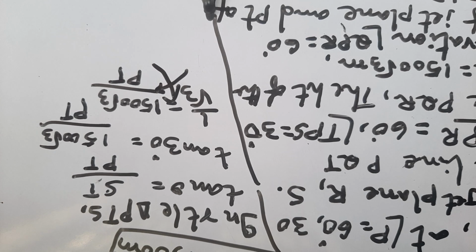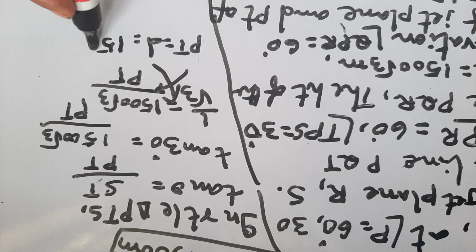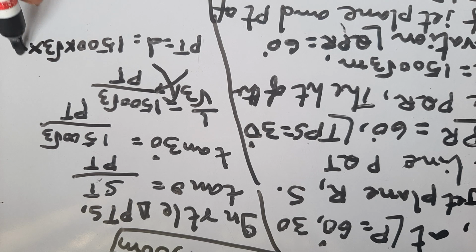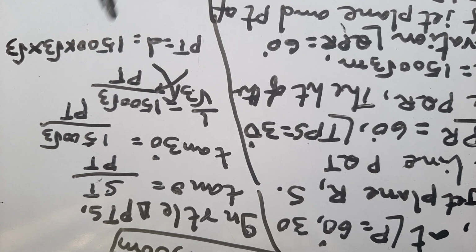PT into 1, PT is nothing but distance, is equal to 1500 root 3 into root 3.